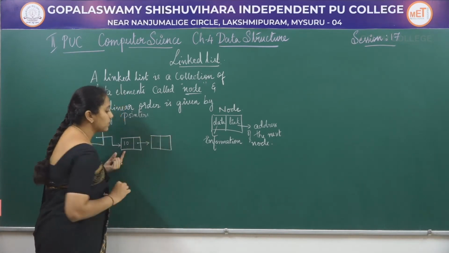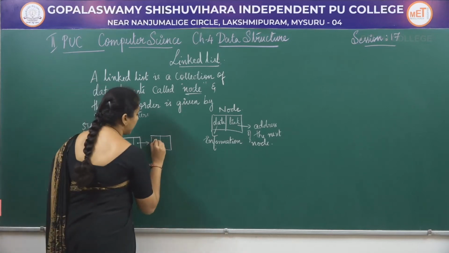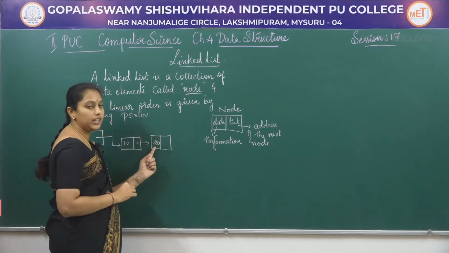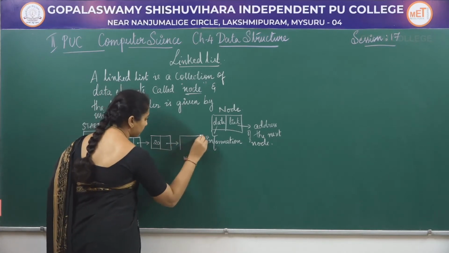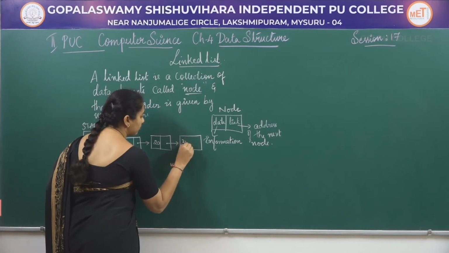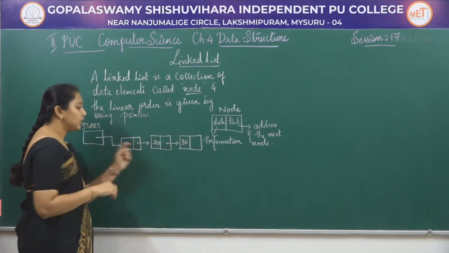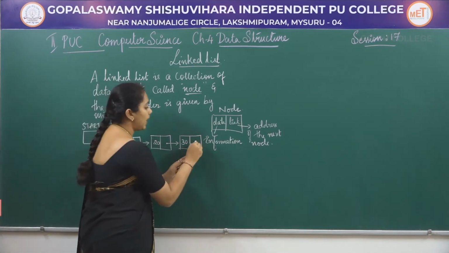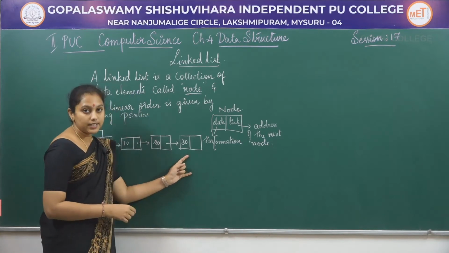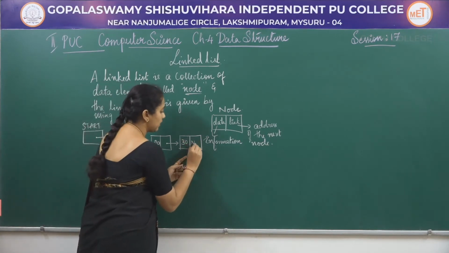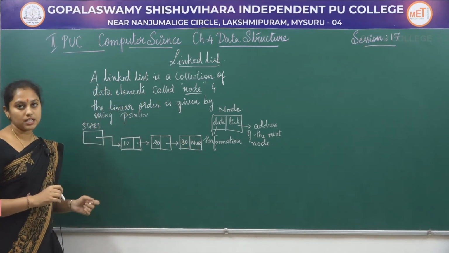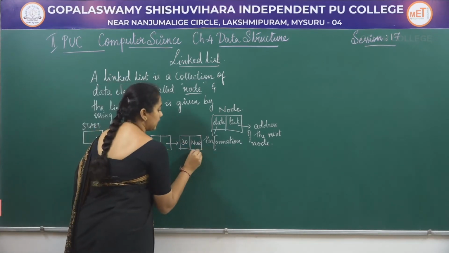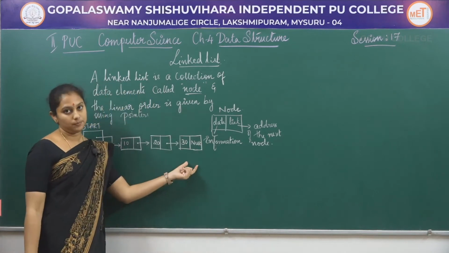The next node contains an element called 20 and the link part contains the address of the next node. The third node does not have any link to a next node, but it contains null, which represents the end of the list.